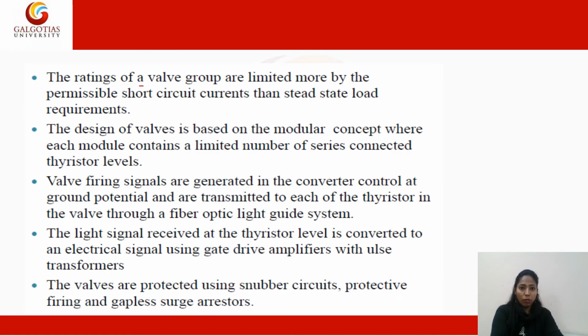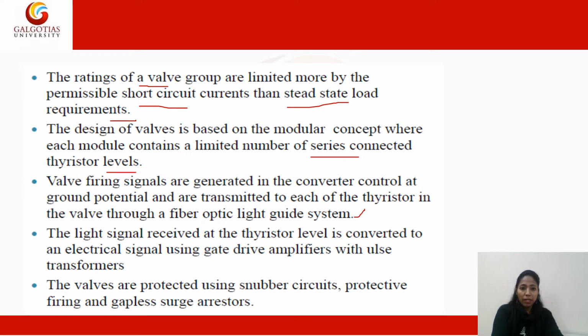The rating of the valve group is limited by the permissible short circuit current and the steady state load requirement. The design of the valve is based on a modular concept where each module contains a limited number of series connected thyristor levels. The valve firing signals are generated in the converter control at ground potential and are transmitted to each thyristor in the valve through a fiber optic light guided system.